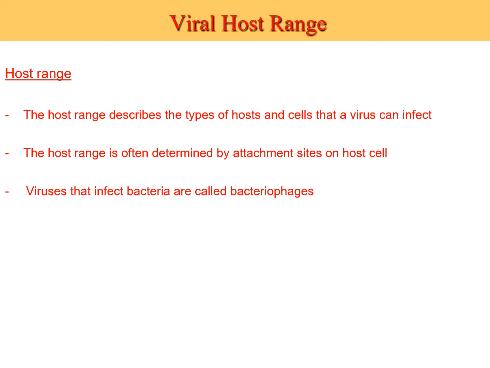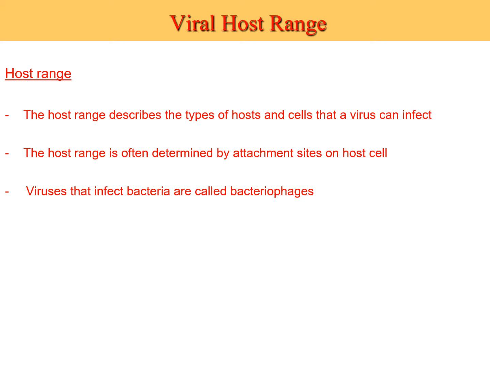In fact, it's very common for predators to be able to be infected by the viruses that are typically in their prey. So in a predator-prey relationship, often the viruses that are in the prey are also able to infect the predator.